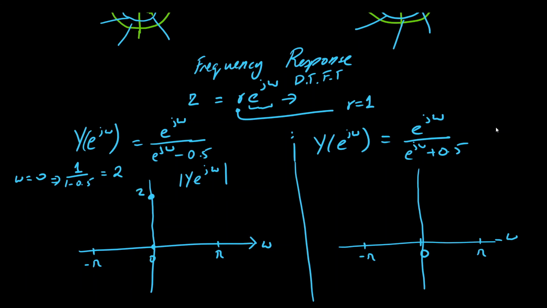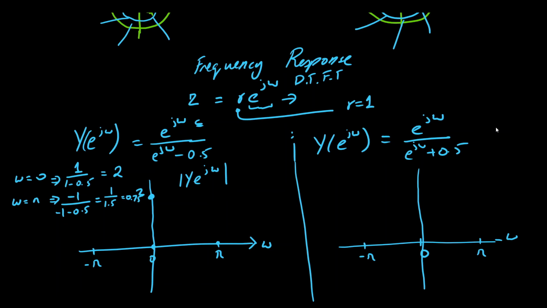So next, let us take the terminal value when omega is equal to pi. So when omega is equal to pi, e^{j pi} would simply be minus 1, and we would have minus 1 minus 0.5. This would be equivalent to 1 over 1.5, and that is 0.75.